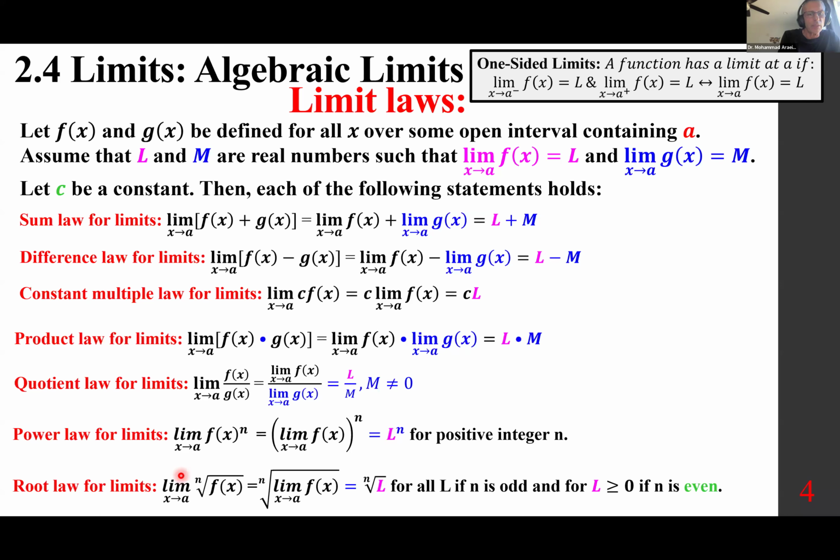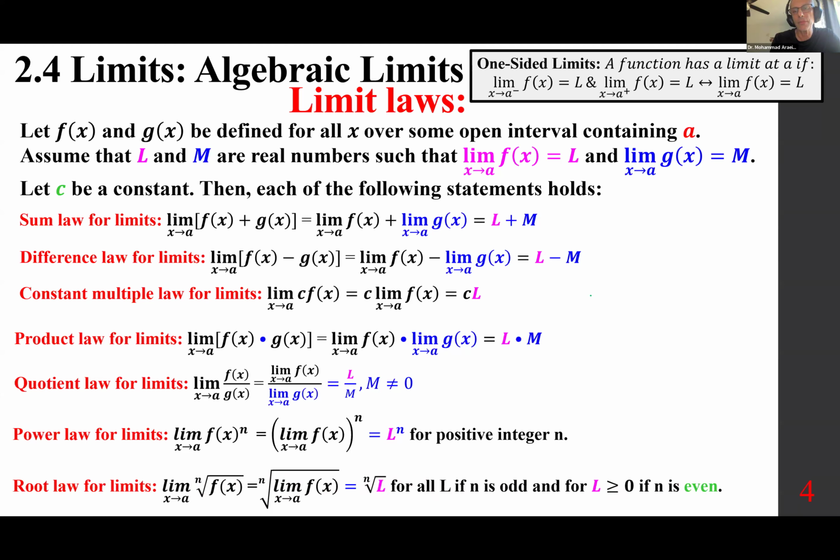Root law. The limit of the nth root of f of x as x approaches a is the nth root of the limit of f of x as x approaches a, which equals the nth root of L for all L if n is odd. When n is odd, the index is odd, there is no restriction. But L has to be non-negative if the index is even. And I'm going to quickly remind you of the reasoning behind that.